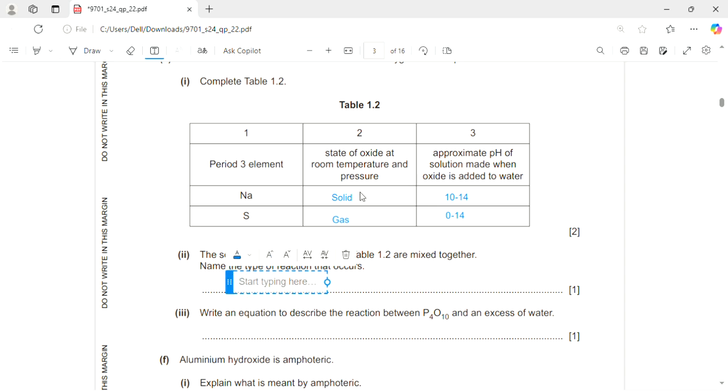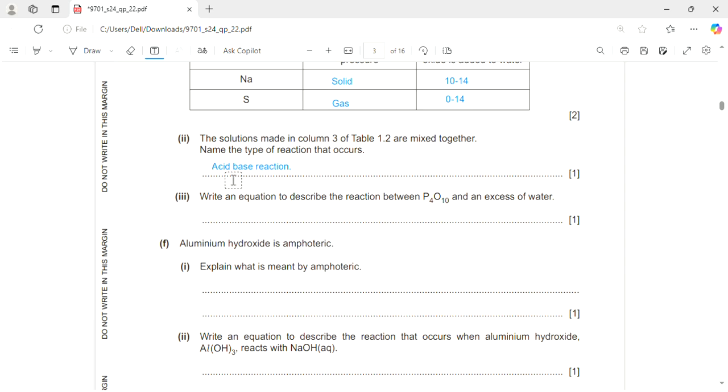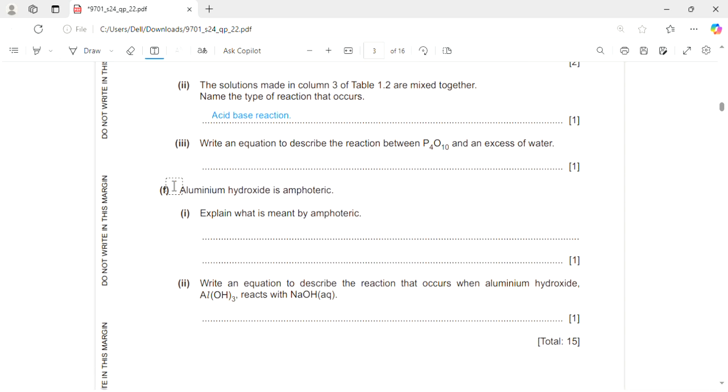The sulfur oxide is acidic, and this is the base. So it is an acid-base reaction.